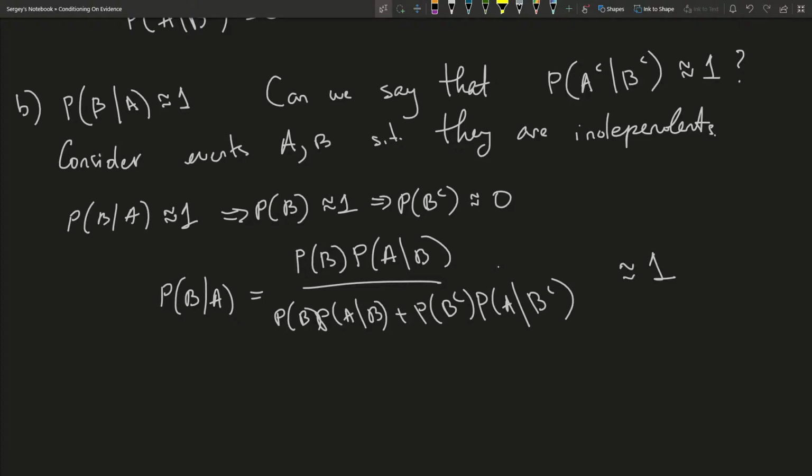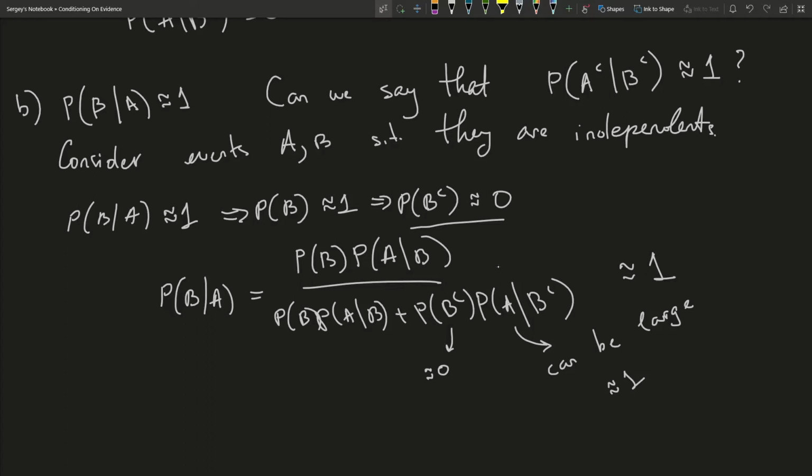Now the fact that probability of B complement is almost 0 means that this term here, probability of A given B complement, can be large, and by large we mean almost 1. And their product will still be very close to 0 because the probability of B complement is really, really close to 0.